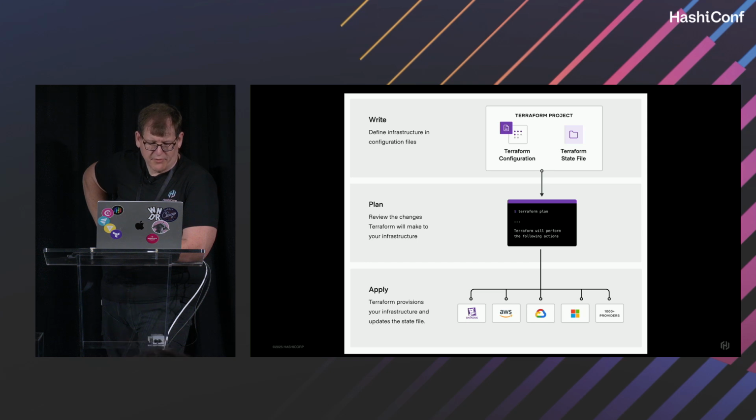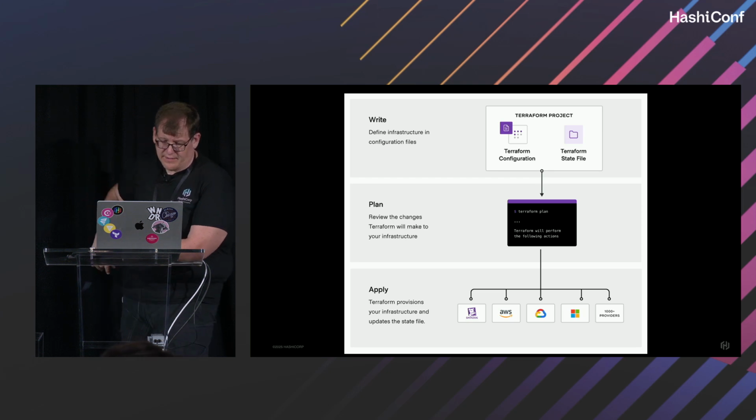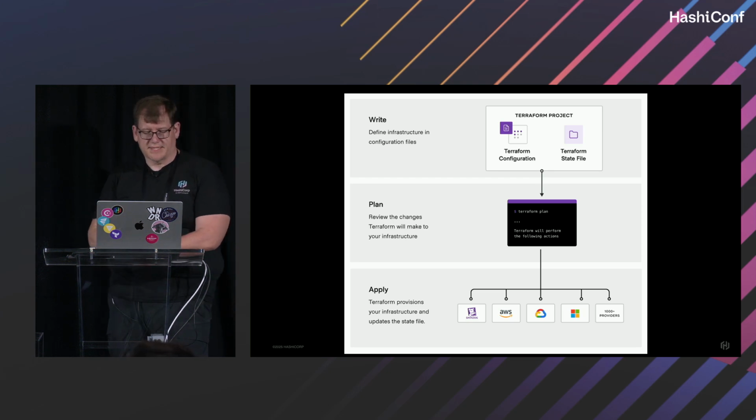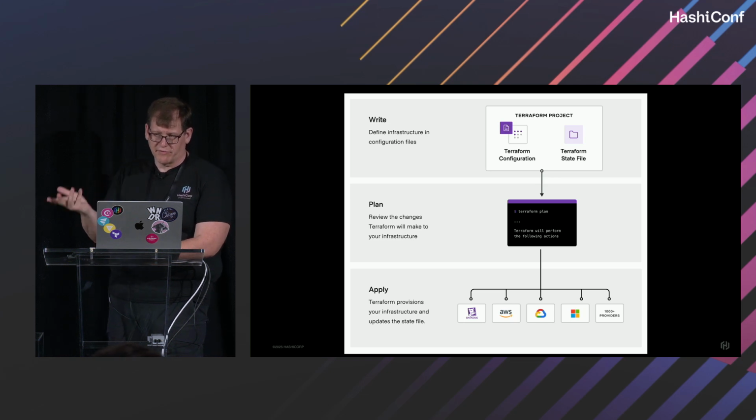Okay, so before creating or updating infrastructure, Terraform will display a plan, and you can see it up here. It lets you review the changes that are going to be made, and you can save that plan and apply it later. That's the way you want to do it, to make sure that what you review is actually the changes that are made.